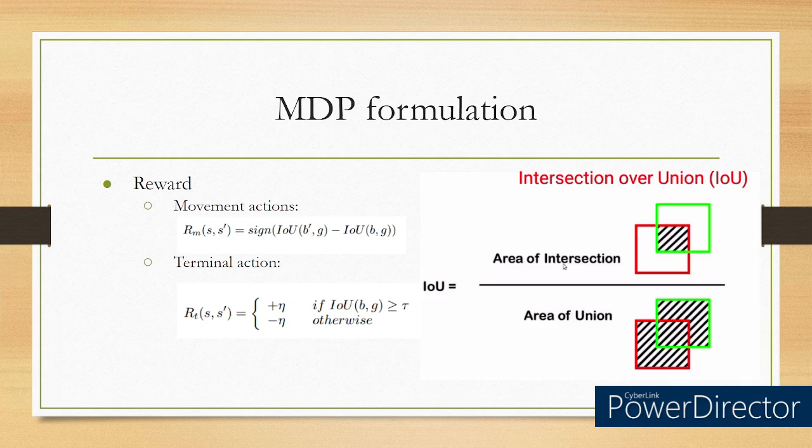When an action is taken, if the IOU value of the current step is higher than that of the previous step, a positive reward is given. At the terminal action, if the IOU value is above a threshold, which in this paper is 0.5, a positive reward is received. Otherwise, a negative reward is given.